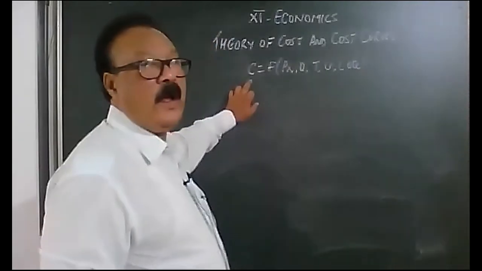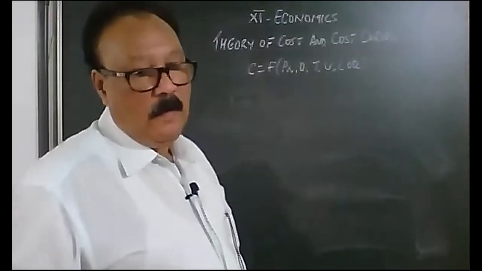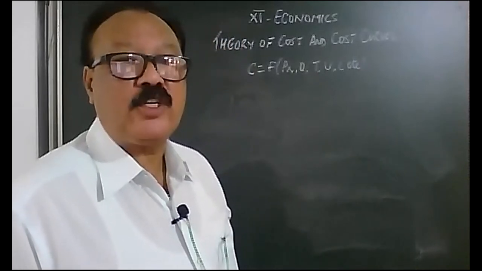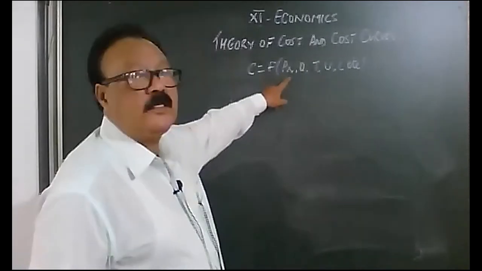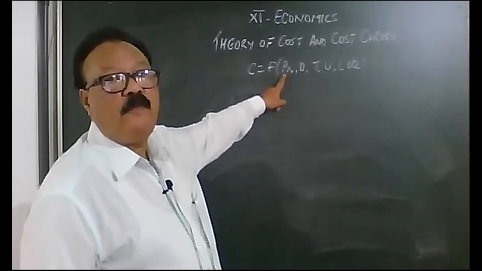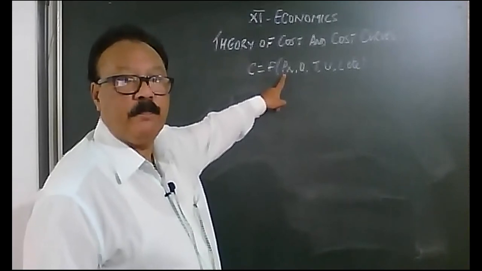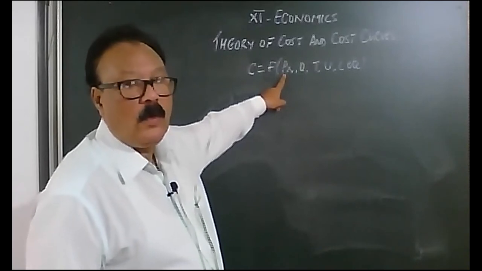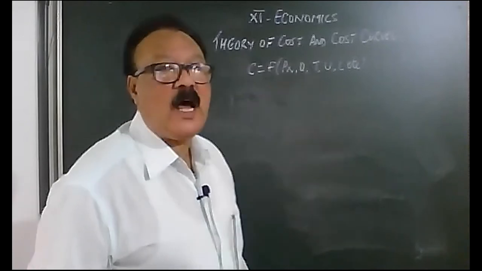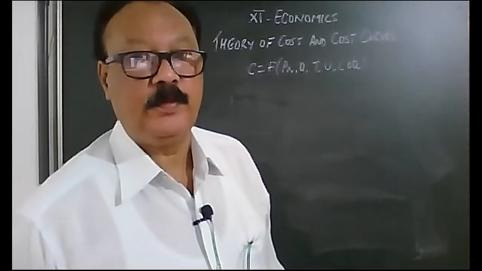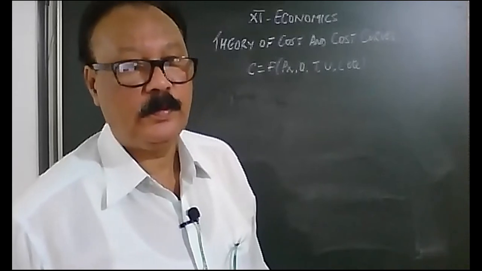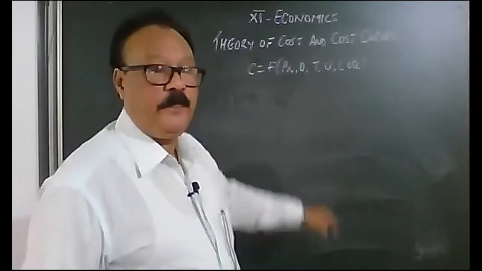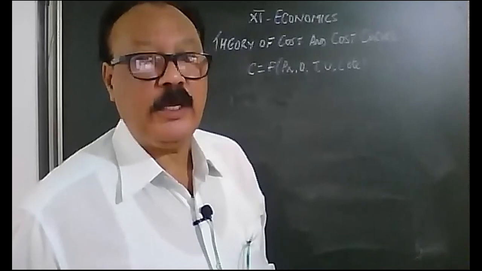The cost of a product depends on the following factors. PR is the price of the factors of production. O is the size of the output.